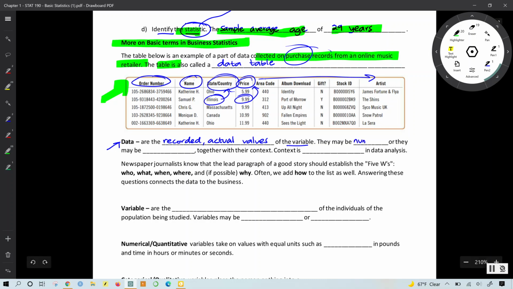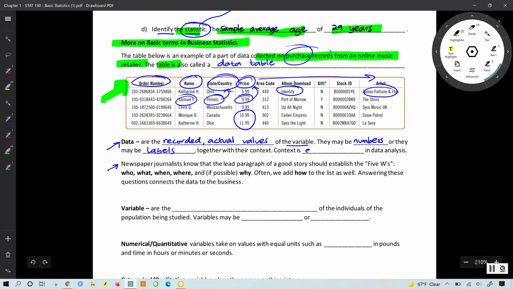Now, they may be numbers, as we can see in the case of price, or they may be just labels, as we can see in the case of album download, or even artist or name. Newspaper journalists in the industry know that whenever you're given data, context is always everything.